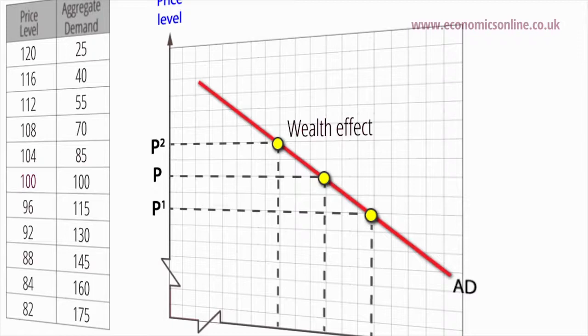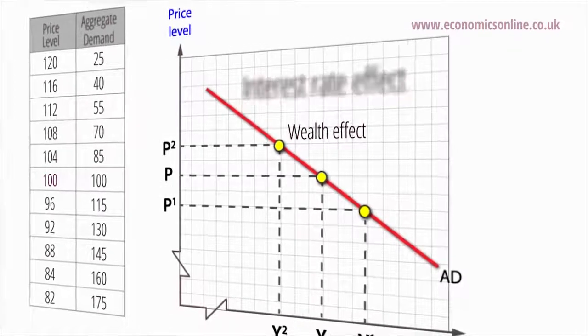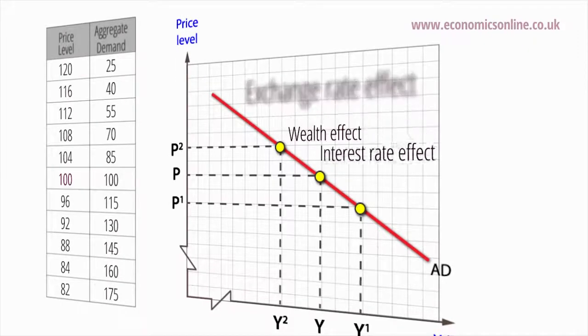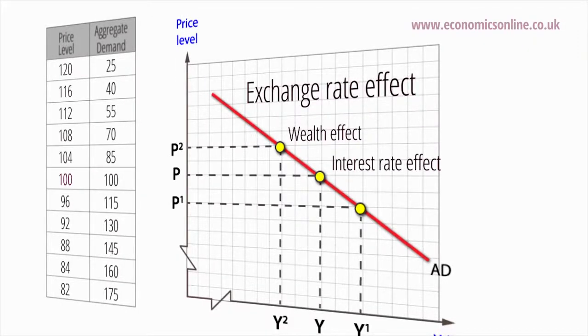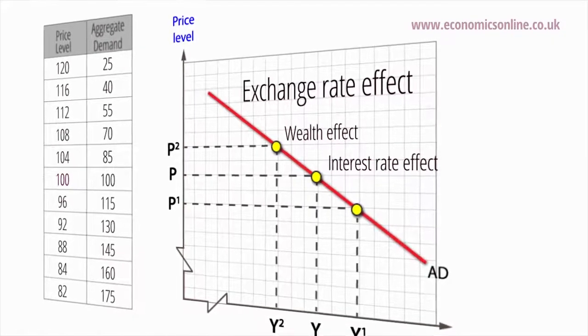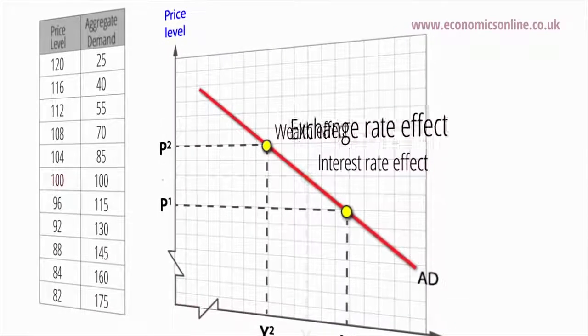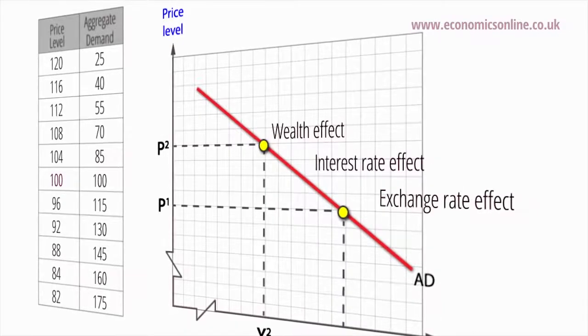This is called the interest rate effect. Thirdly, the exchange rate effect indicates that, at a lower price level, interest rates will fall and overseas demand for a country's assets will also fall, reducing the demand for the currency and its exchange rate. This encourages export sales and discourages imports, creating a positive net export effect.